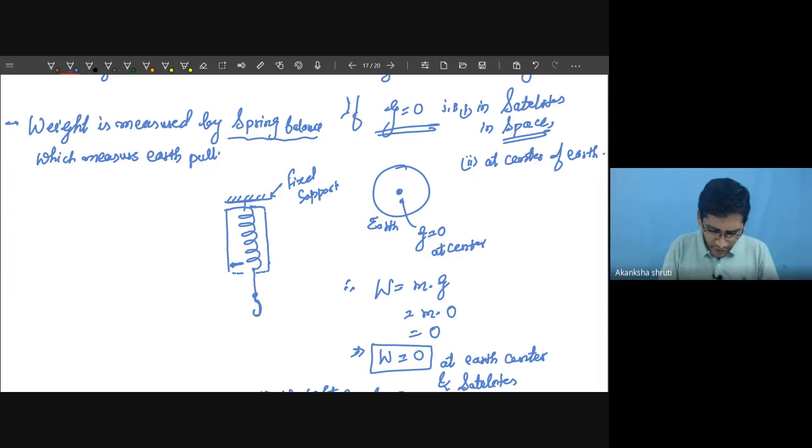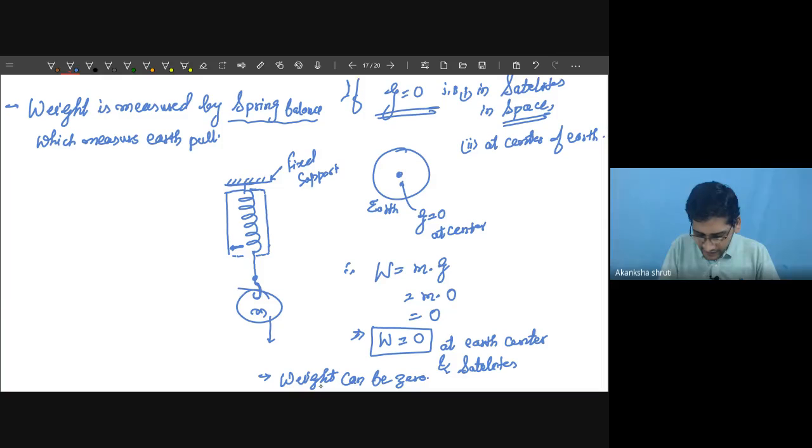Now, if you hang another mass M here, because of this mass the earth will try to pull it downward. It will experience a force, weight, given by M into G. As a result, the spring will get stretched and will now come like this.